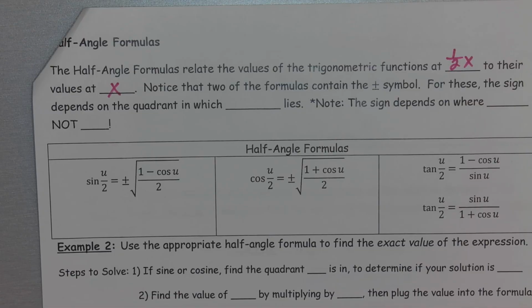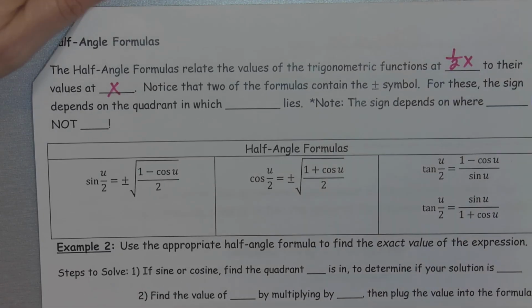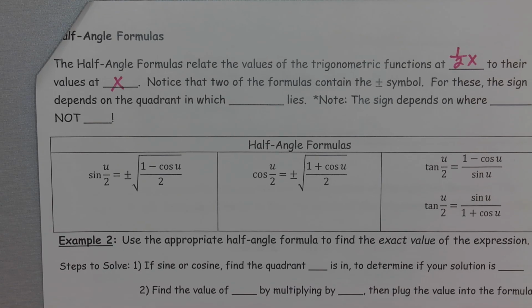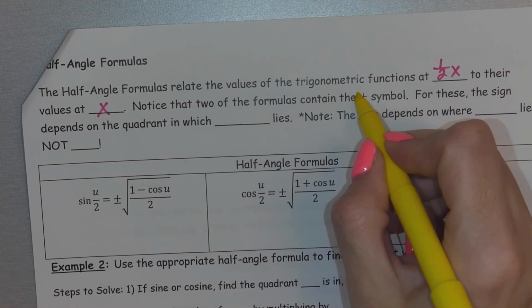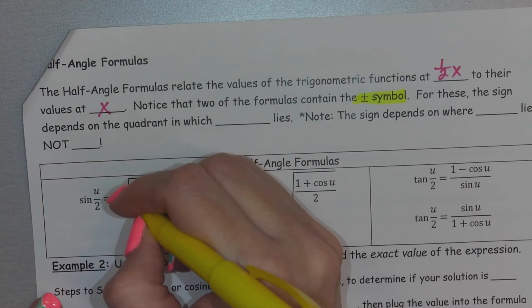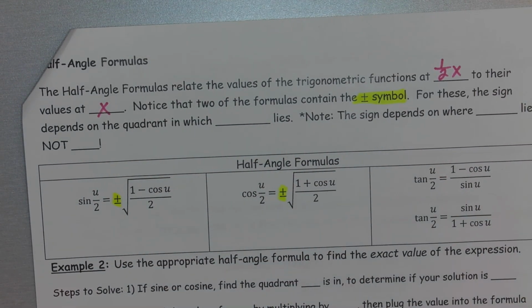So two of these formulas contain the plus or minus symbol. That's because you are going to have to decide which ones are positive and which ones are negative. So for sine and cosine, you're going to have to determine if it's plus or minus.